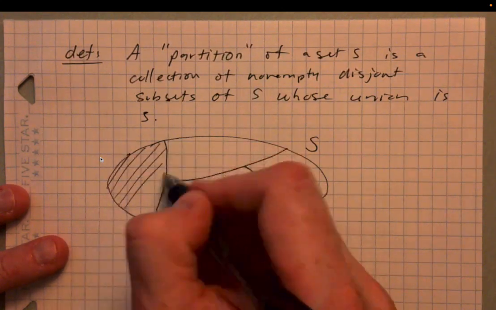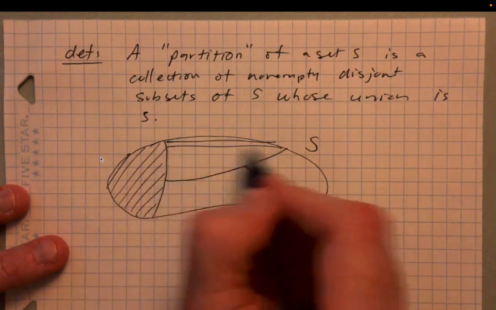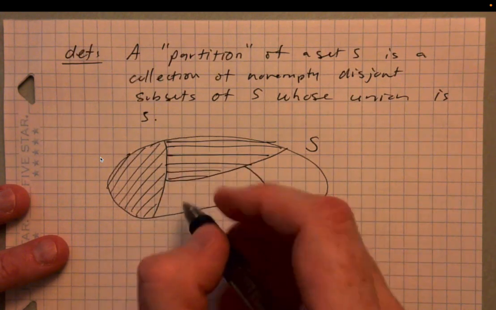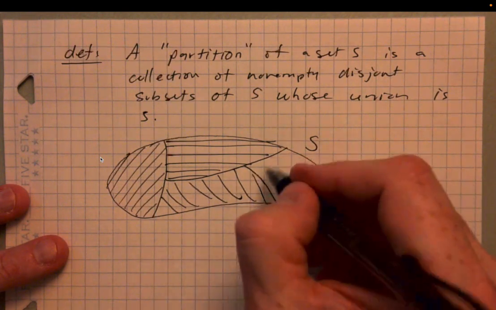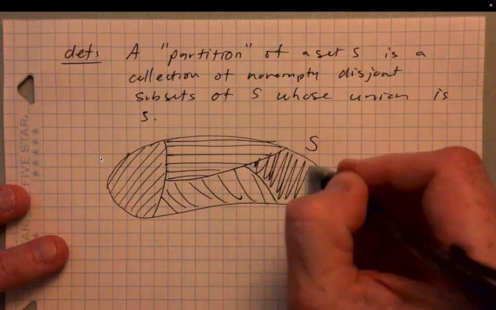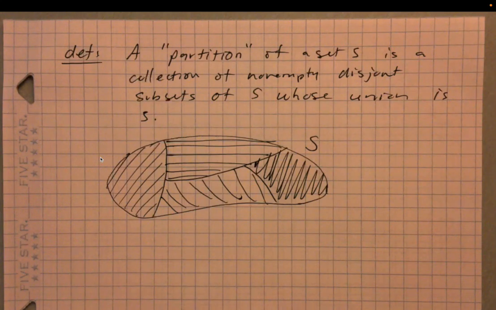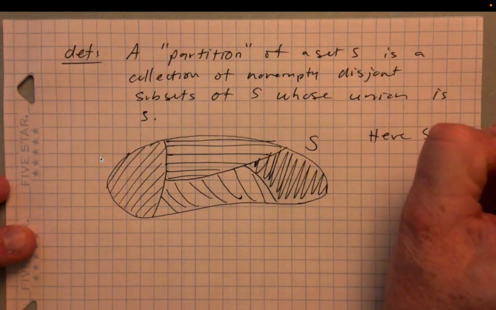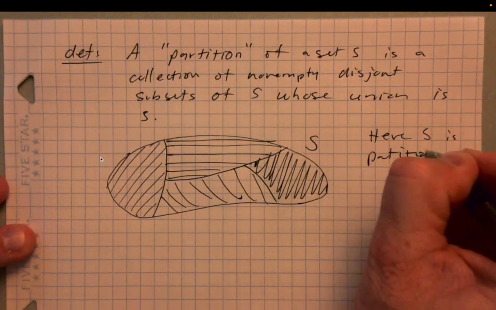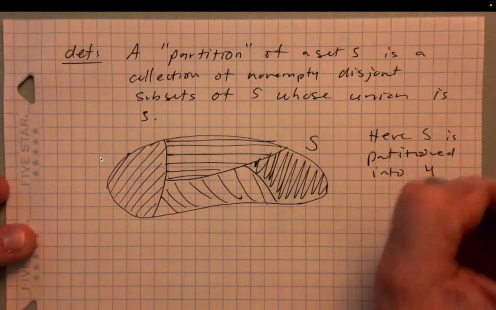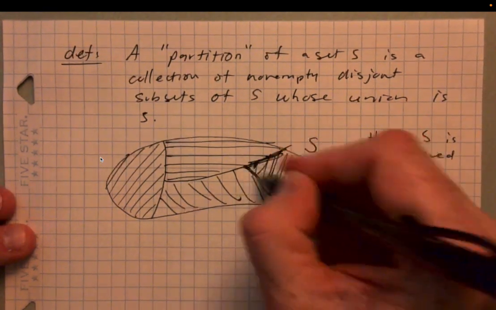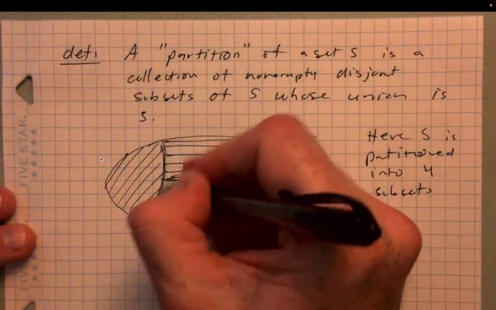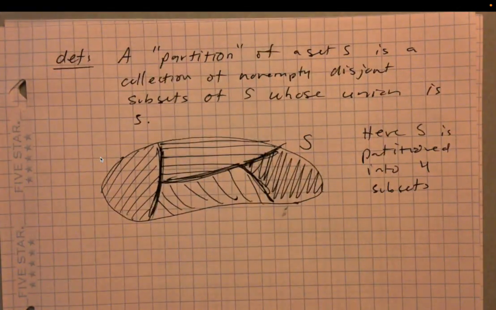So here's a subset over here, here's another subset over here, here's a subset here, and there's a subset over there. So here S is partitioned into 4 subsets. And the understanding is that the boundaries of these sets do not overlap. There is no intersection.